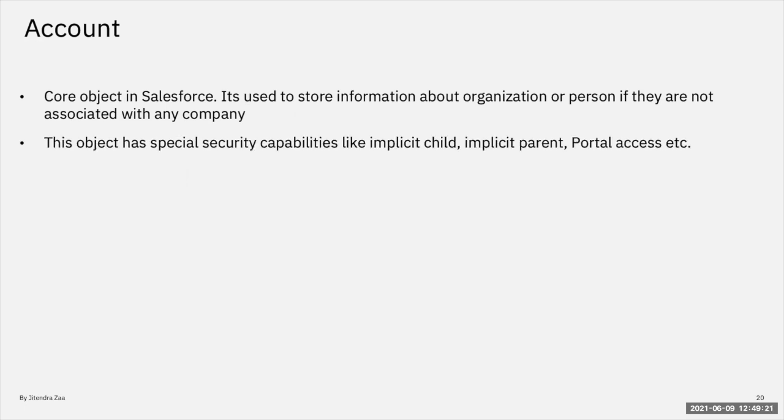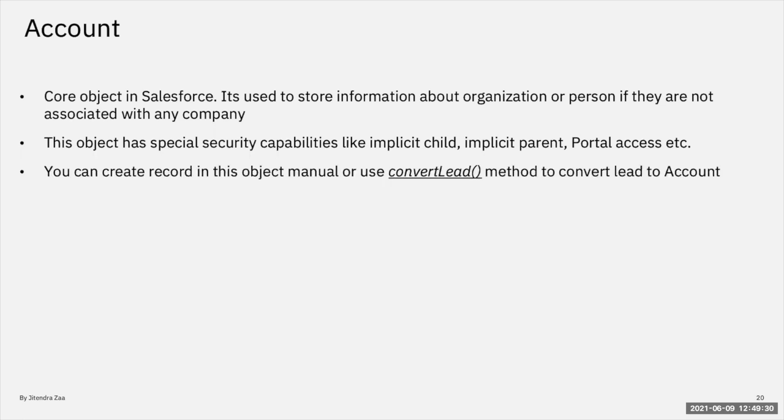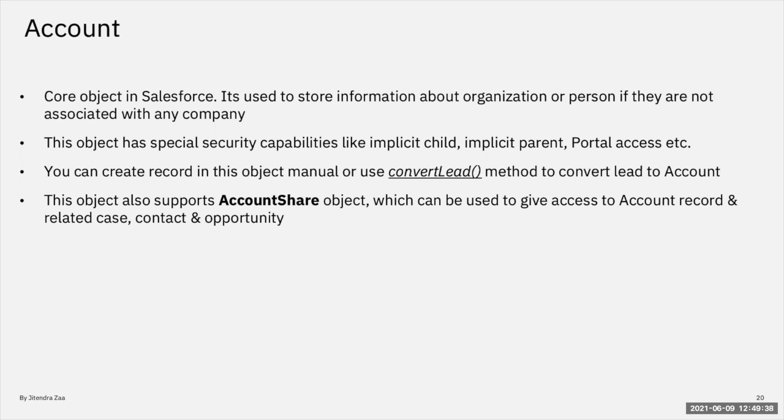The best part about this object is that it has special security capabilities like implicit child, implicit parent, portal access, etc. You can create records either manually, or you can convert a lead. You can use a convert lead API callout if you want to do it, right? This object supports account share, and the special thing about the account share object is that account can give access to related case, contact, and opportunity also, right?